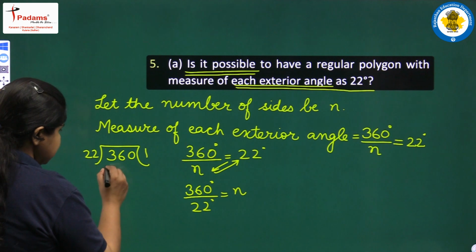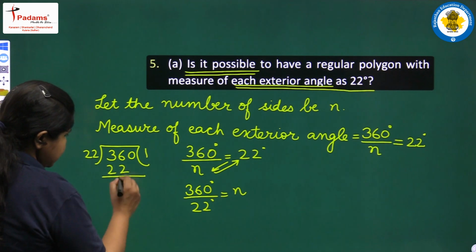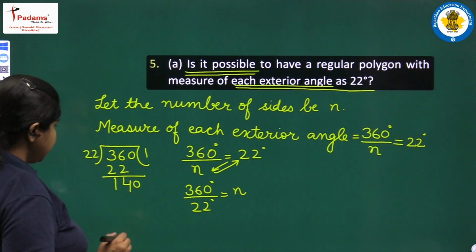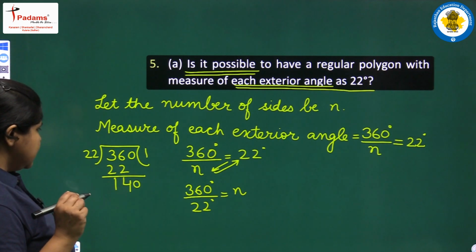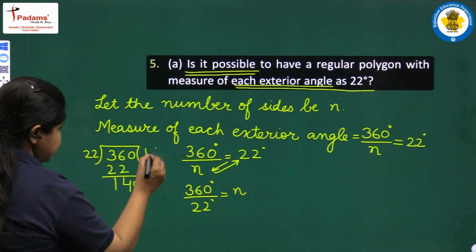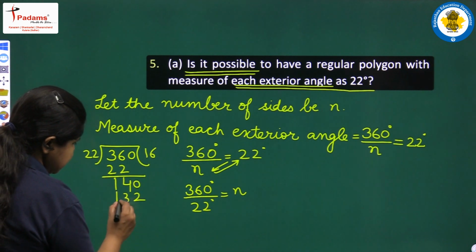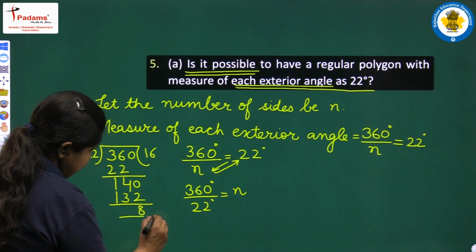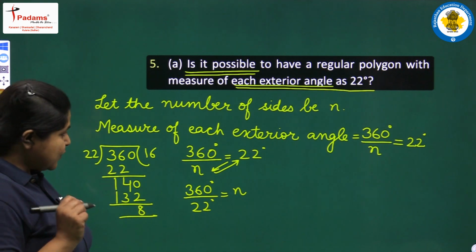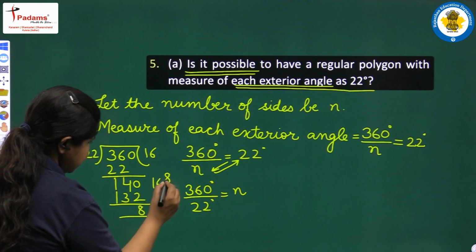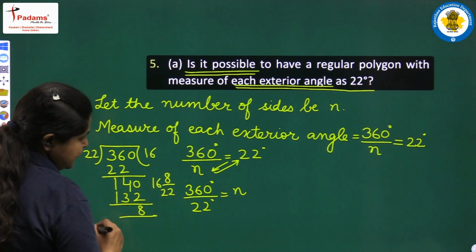So, we will take 1s are 22, 6 minus 2 is 4, 3 minus 2 is 1, 140. Then we have 6 twos are 12, 1 carried, 6 twos are 12 and 13. We have 8 as the remainder. So, what we are getting is 16 and 8 by 22.